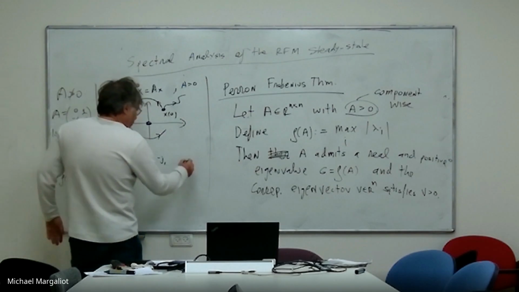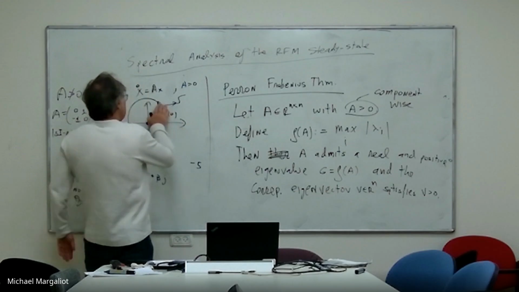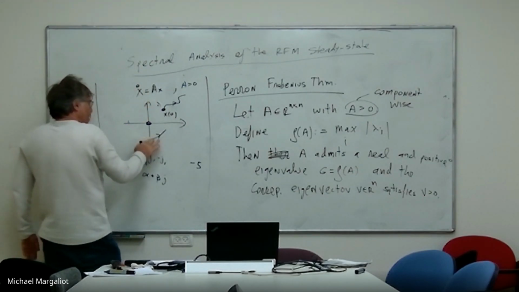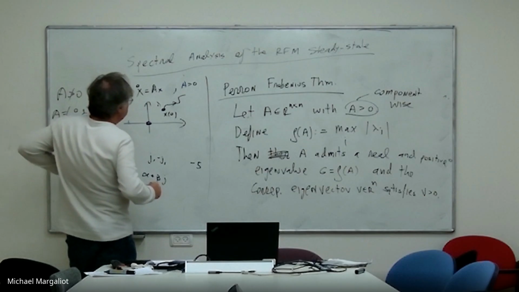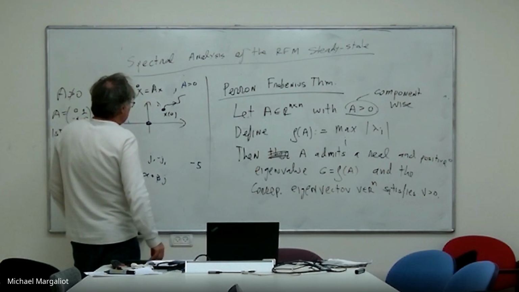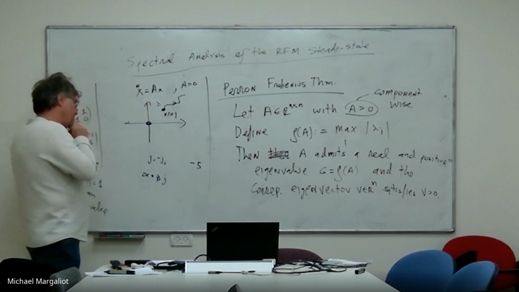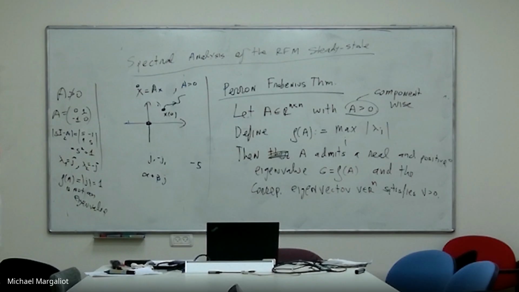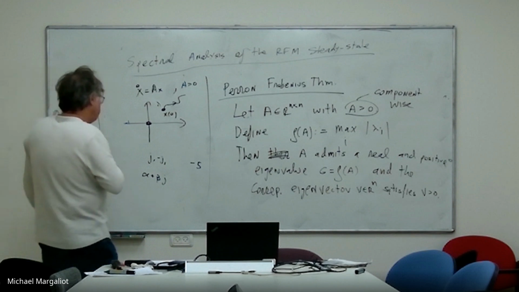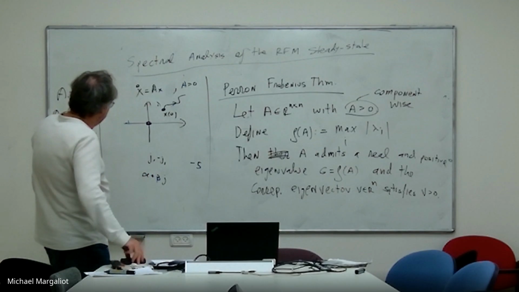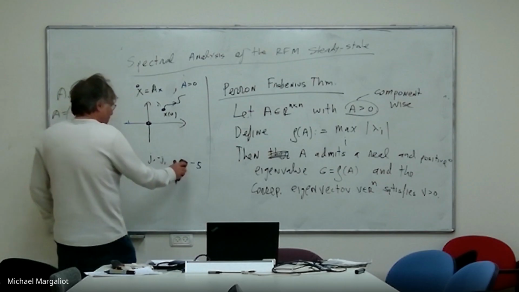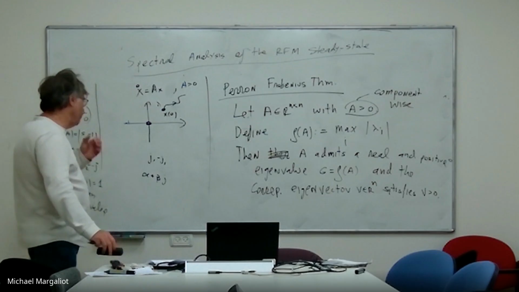Also, if there was a dominant eigenvalue which was negative, what would that mean? Just a minute here, I'm not sure what to say. No, I don't know exactly how to explain that the maximal eigenvalue must be positive.